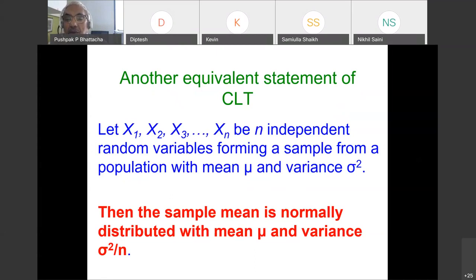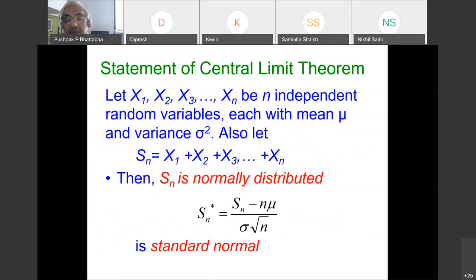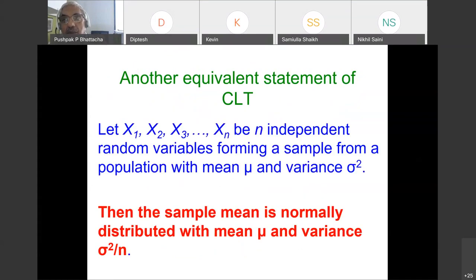Okay, so in the bridge problem, which version of central limit theorem did we use? We used the summation version. The sum of the random variables is normally distributed with mean n mu and variance n sigma square. For the bridge problem, we use that version. But there will be problems where we will use the other version of the central limit theorem, whereby we say that the sample mean is normally distributed with mean mu and standard deviation sigma by root n.